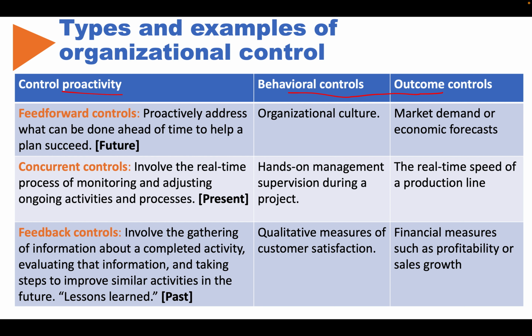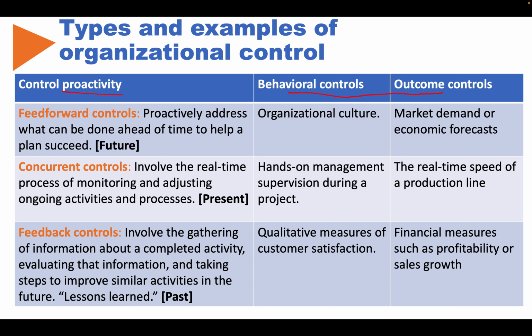Lastly, on the control proactivity column, we have feedback controls. These are looking at the past. These are processes that involve gathering information about something that has already been completed, evaluating that information, and then taking steps to improve similar activities in the future.